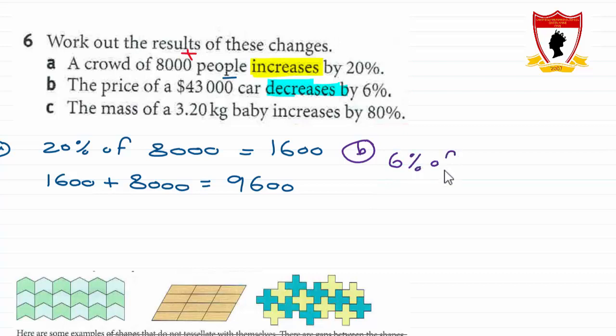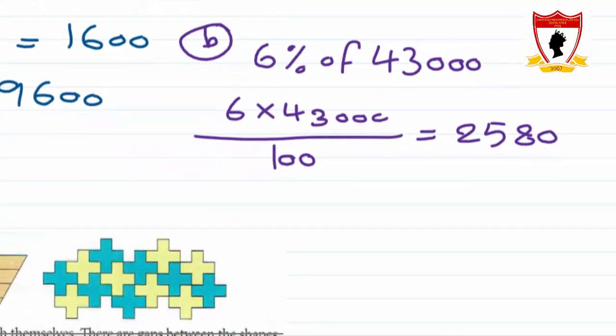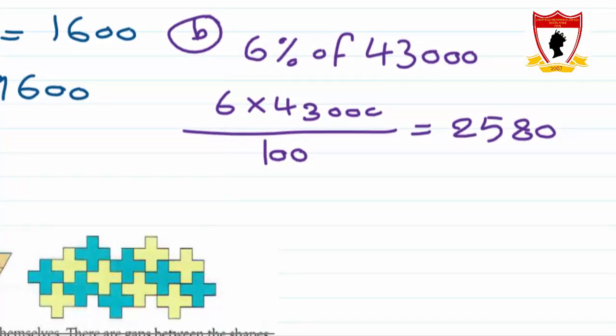6% of 43,000 is 2,580. Okay, the question says decrease. Remember, increase we add, decrease we subtract.